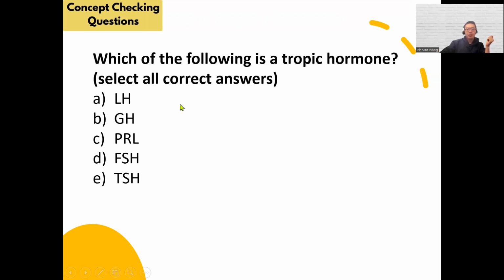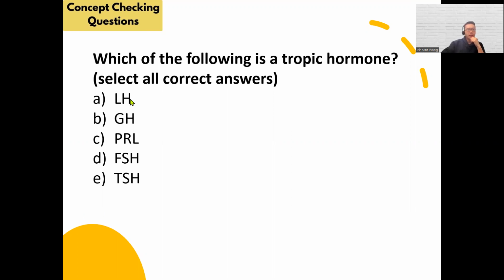Moving on. Which of the following is a tropic hormone? Very good.